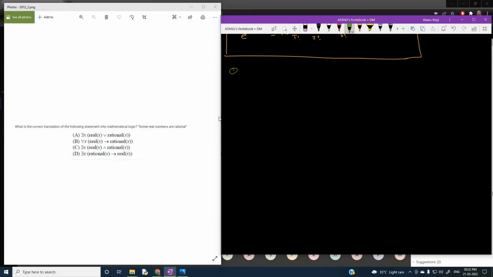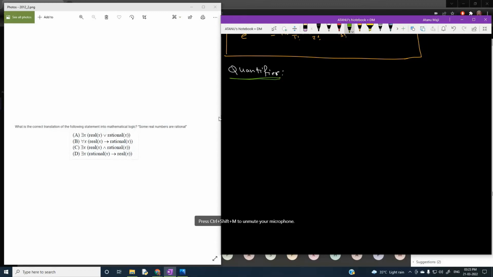Now I hope you know what the quantifiers are. Quantifiers are what? Suppose you have some propositions, and those propositions have variables in them. So what should we do? We have to check that these propositions are true for how many values of that variable x.